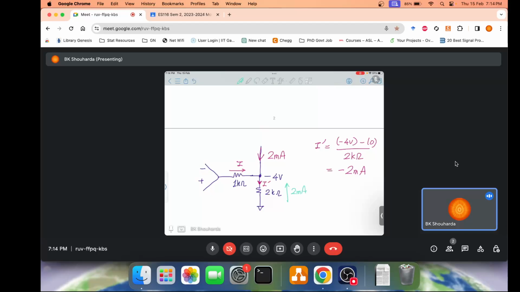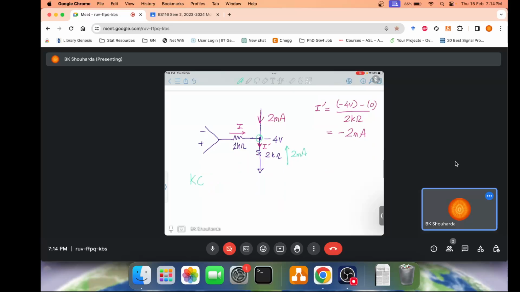So now at this point, we are ready to apply the KCL. So what will the KCL be? The KCL will be I plus 2 plus 2, all of them in milliamperes, is equal to 0. Let me write how it's coming. Currents are entering into the node in this fashion.